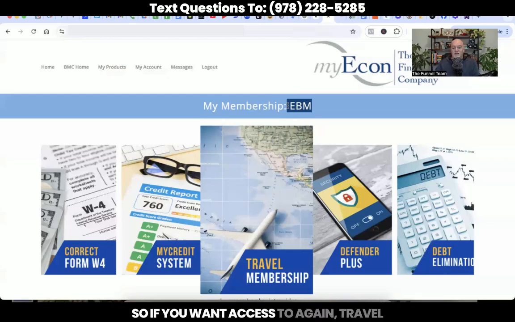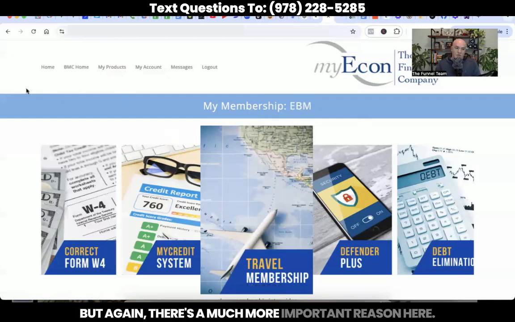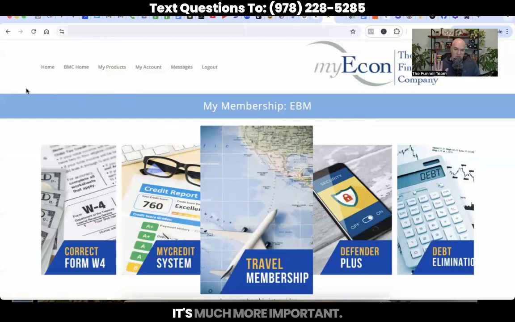So if you want access to, again, travel and ID Defender, also known as Defender Plus, you need to be at the higher level. But again, there's a much more important reason here. It's not about access to the products, okay? Upgrading your membership, I can promise you, is not about accessing the products. It's much more important. And I'm going to share that with you here in just a minute.